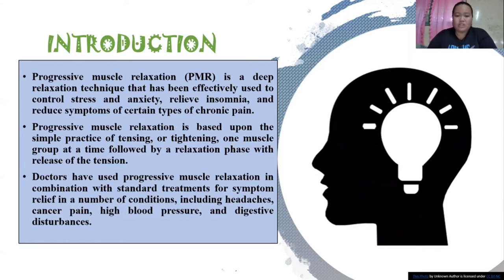It is based upon the simple practice of tensing or tightening one muscle group at a time, followed by a relaxation phase with release of the tension. Doctors have used it in combination with standard treatment for symptom relief in a number of conditions, including headache, cancer pain, high blood pressure, and digestive disturbance. Thank you. For the next slide, I pass to my other member.